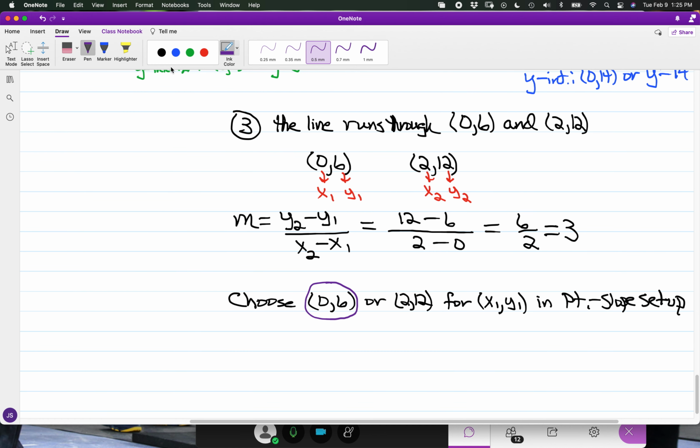Again, with the point-slope equation setup, we have y minus y1 is equal to the slope m times the quantity x minus x1. Here your x1 is 0, y1 is 6.